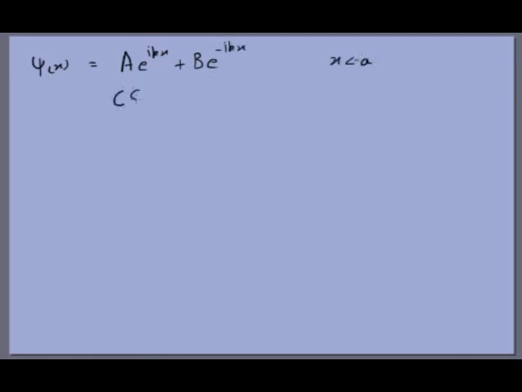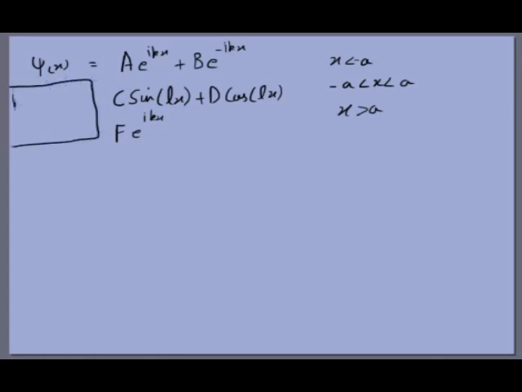Then it has the value C sine of Lx plus D cos of Lx for minus a less than x less than a, and then it has the value F e to the power iota kx for x greater than a, and we have the values for k and L. k is equal to root of 2mE by h, L is equal to root of 2m times (E plus V naught) by h. And now we need to apply the boundary conditions for x is equal to minus a and x is equal to a.